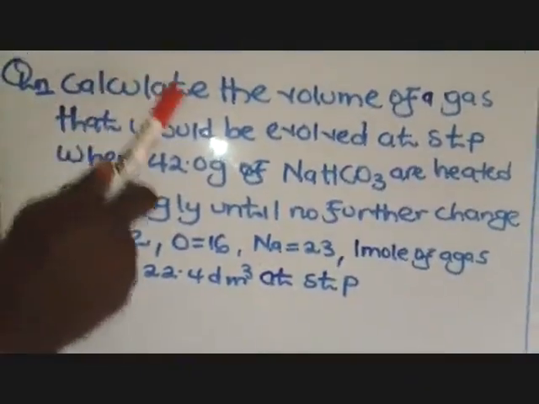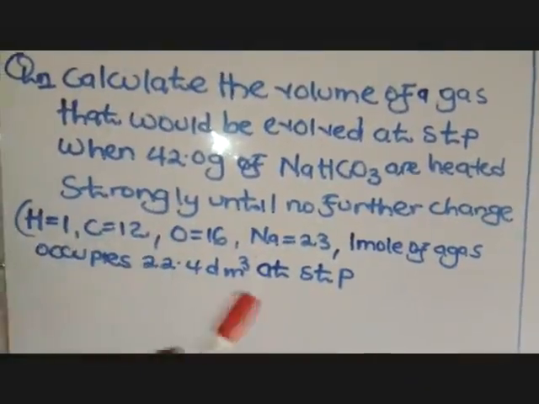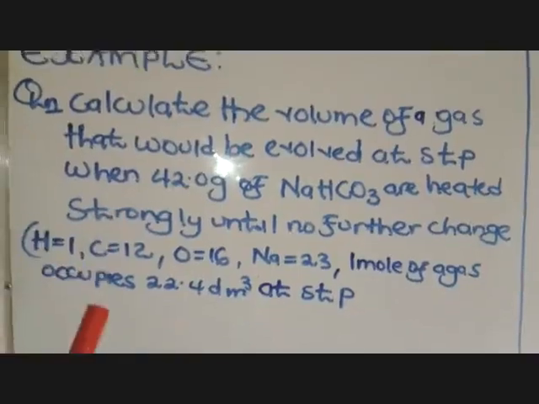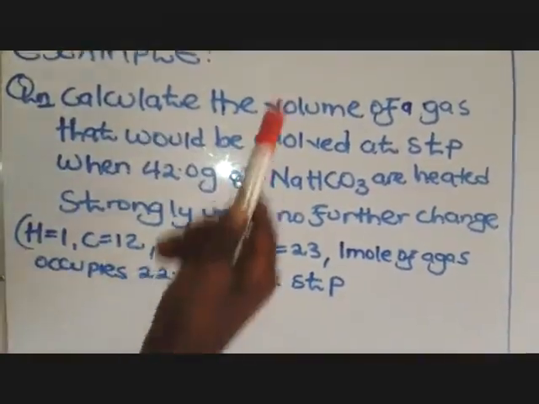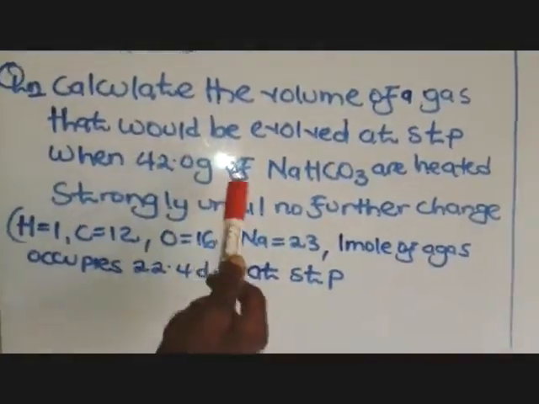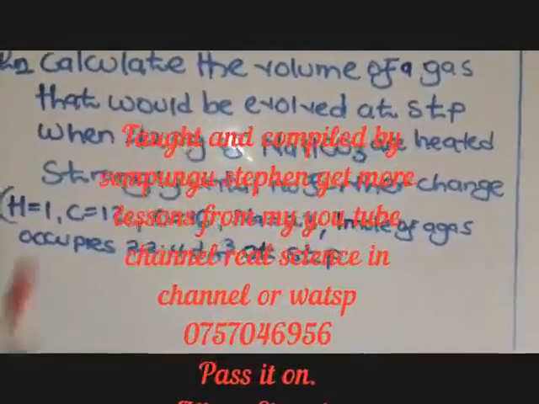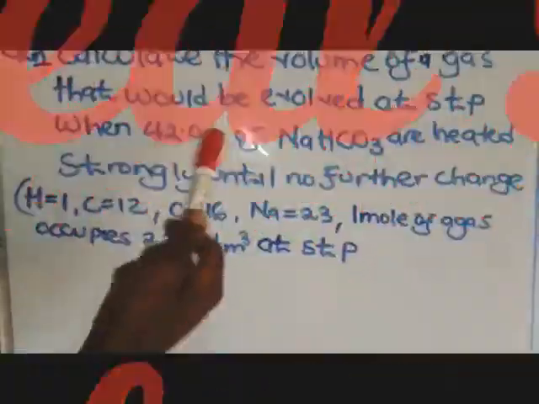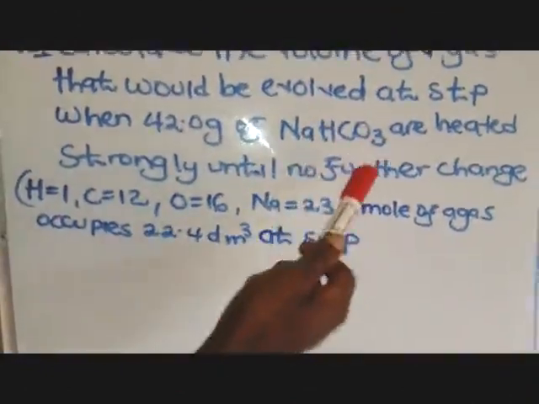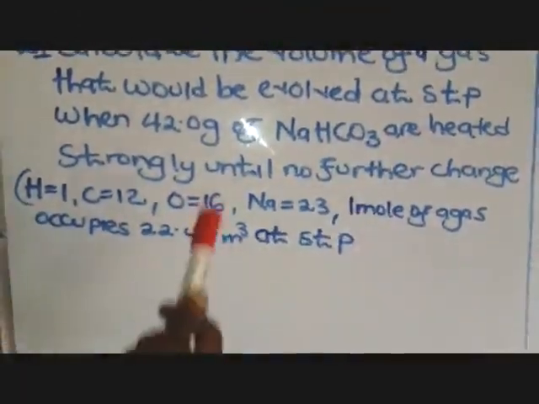One example that can paint a good picture, members, is this one. Calculate the volume of a gas that would be evolved at STP when 42.0 grams of sodium hydrogen carbonate are heated strongly until no further change.